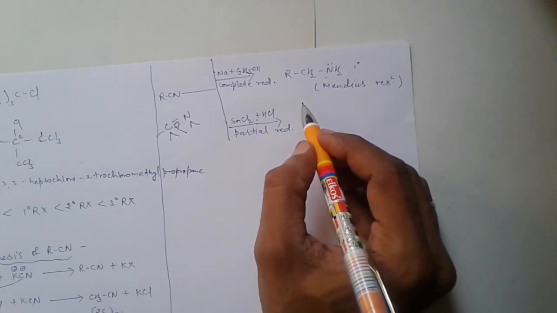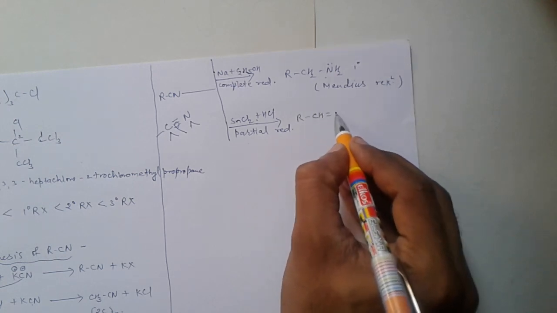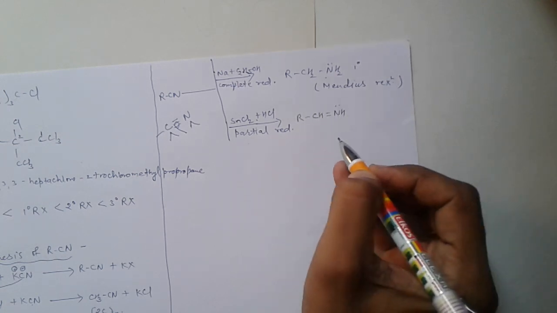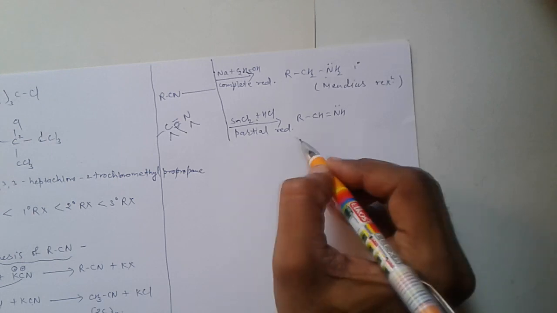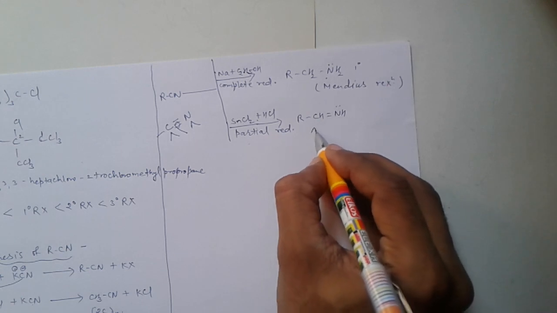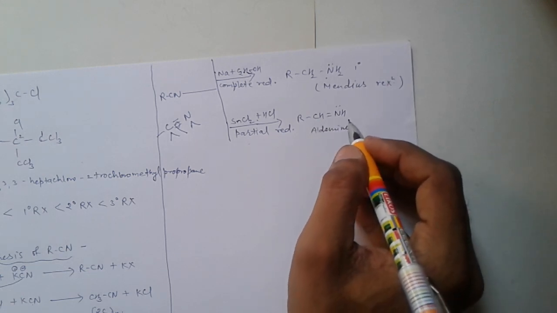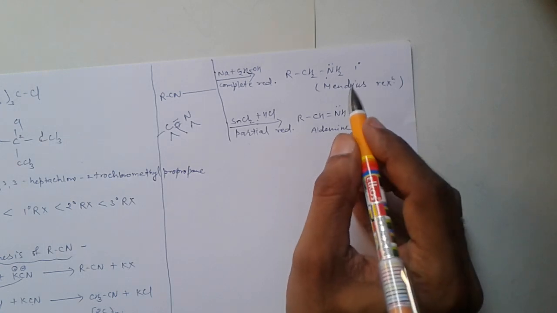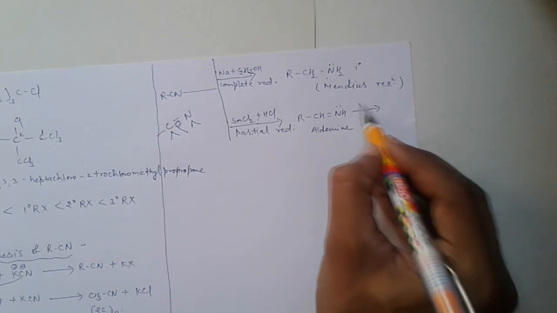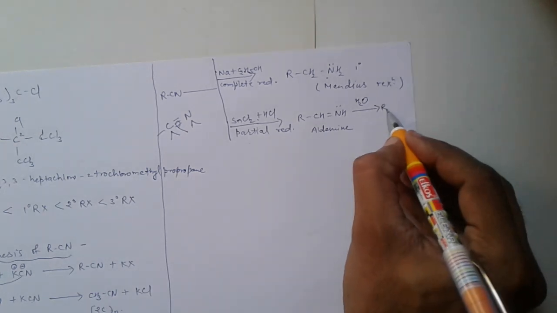Initially aldimine is obtained. It is an aldimine molecule. So in partial reduction of alkyl cyanide, initially aldimine is formed. After hydrolysis of aldimine, aldehyde is formed.